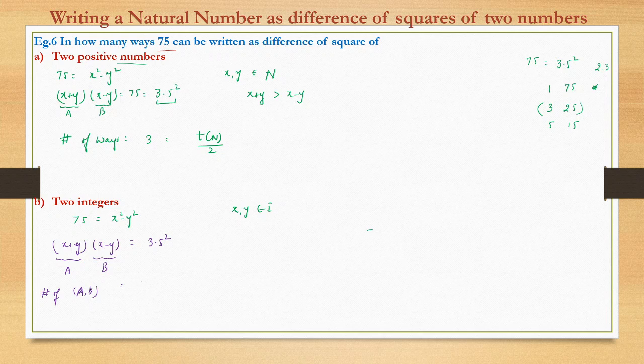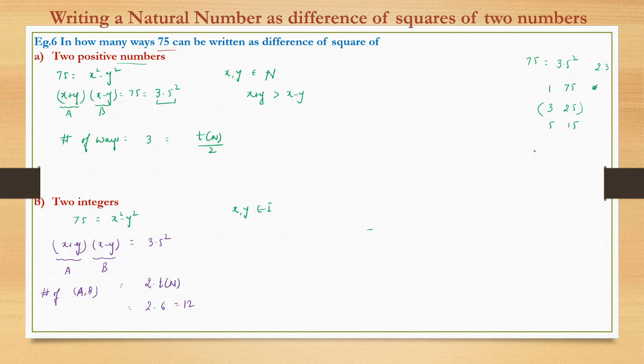Capital A, capital B would be nothing but 2 times number of factors, which is 2 into 6, as 6 is the number of factors here. So 12 would be the answer, right? So this is a simple problem here. 2 into 6, 12 pairs we get.